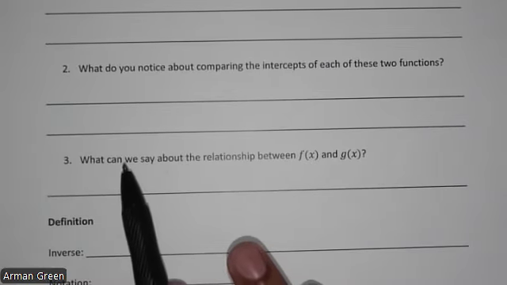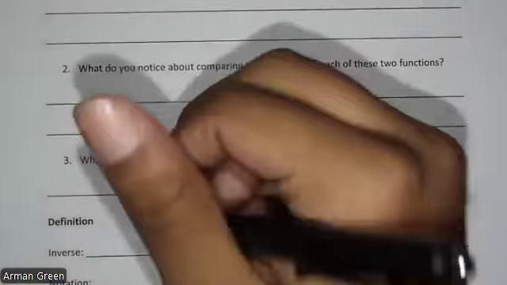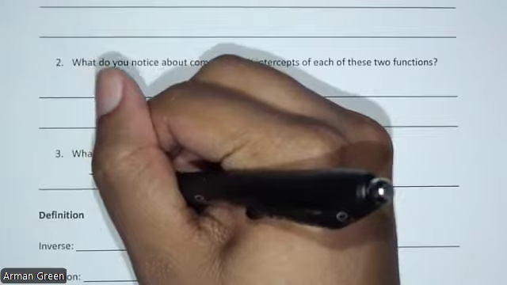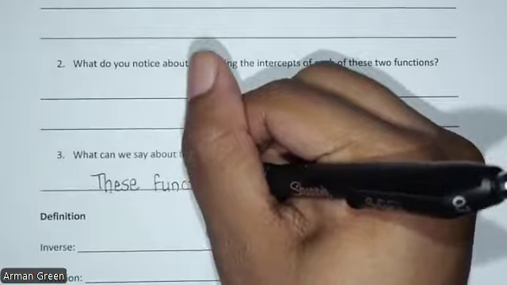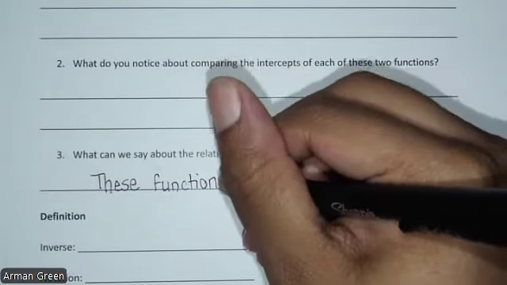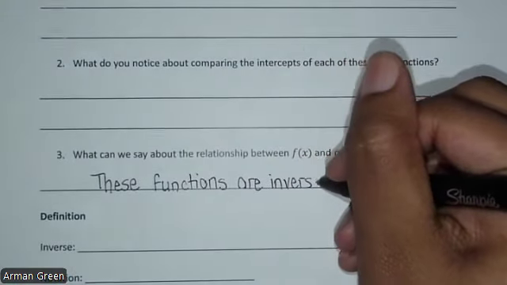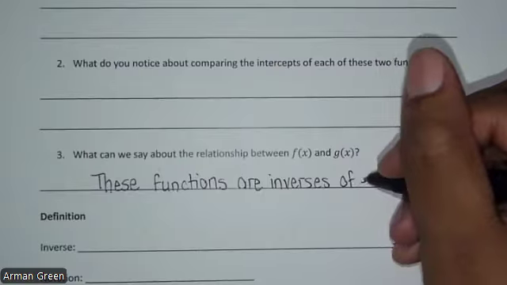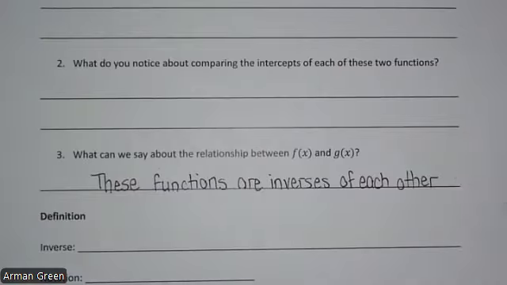So this last question here, what is the relationship between f of x and g of x? What we can say is that these two functions are what are called inverses of one another. Now, this is actually a new vocab word.